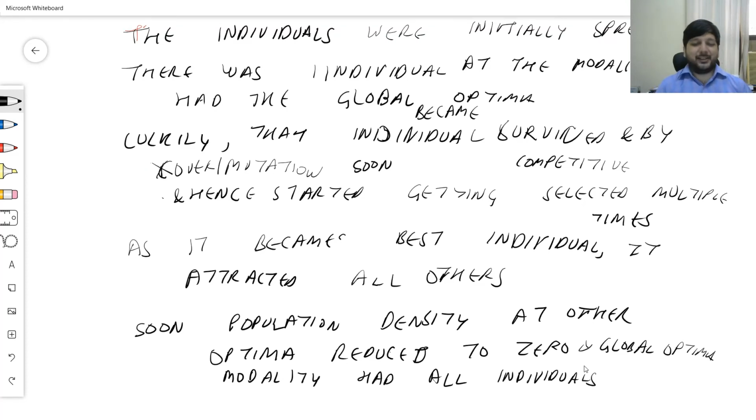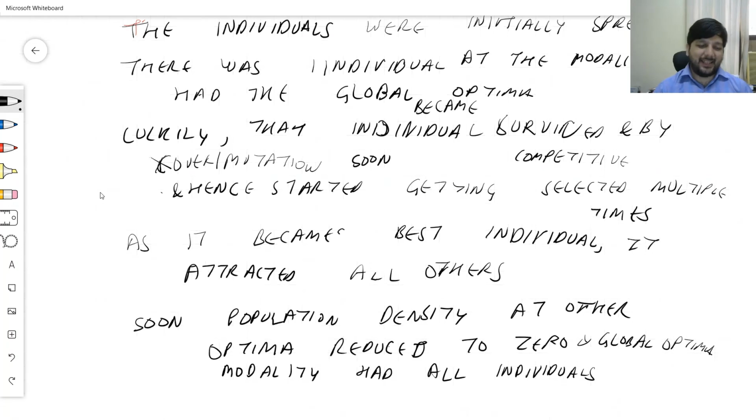So soon all the individuals were only at the global optima, and then we said that convergence happened.